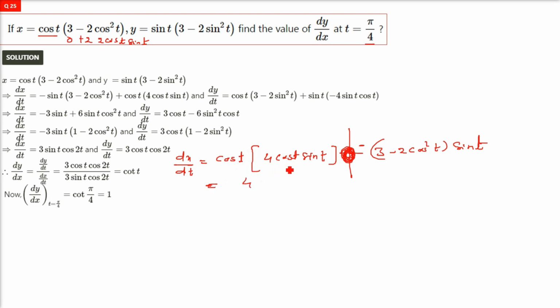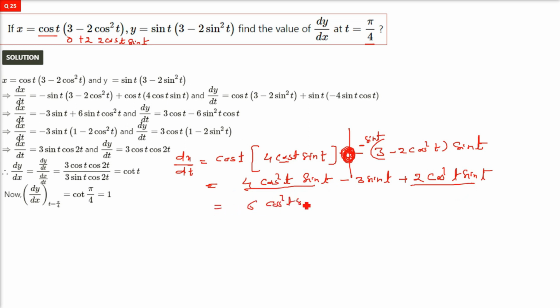And then we have, just assume that sin t is in front. So minus 3 sin t here. And minus becomes plus 2 cos square t sin t. So 2 cos square t sin t and 4 cos square t sin t will give you 6 cos square t sin t minus 3 sin t.